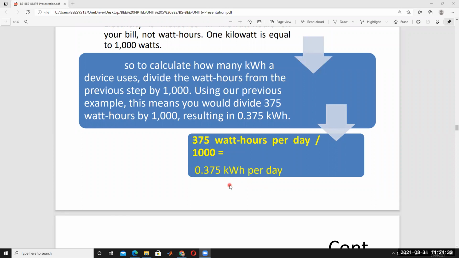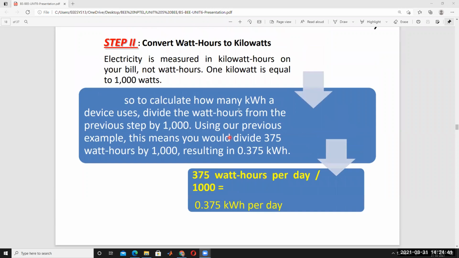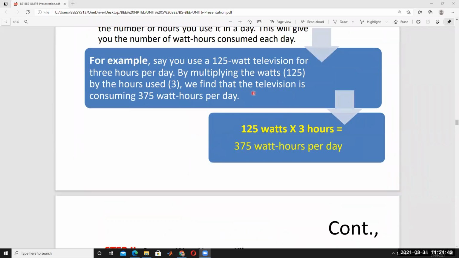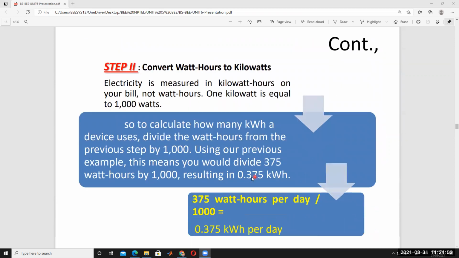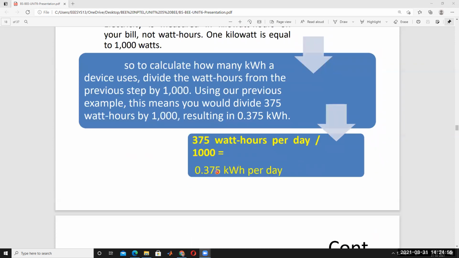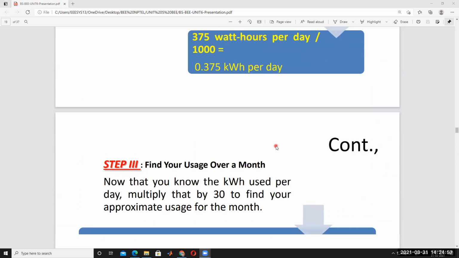Because the electricity bill is calculated in kilowatt hours, it is converted into kilowatt hours.